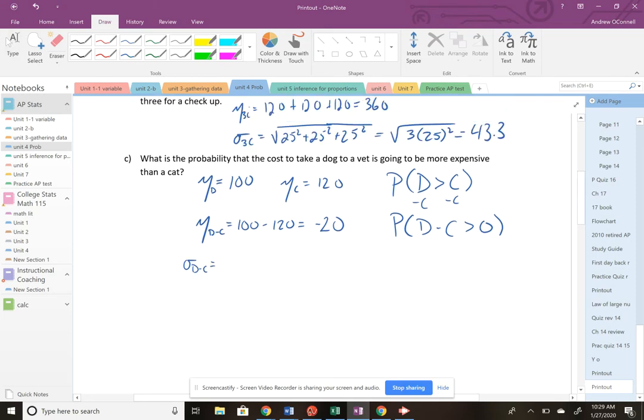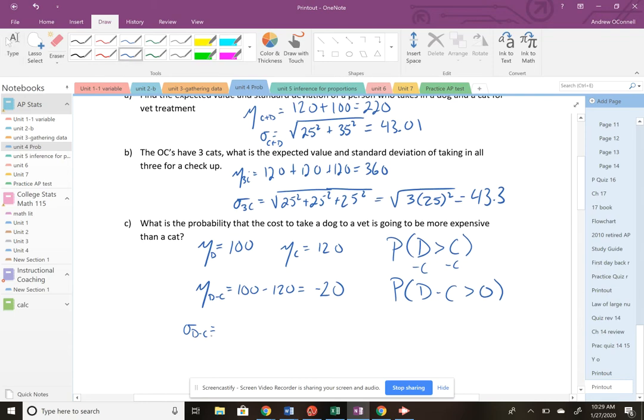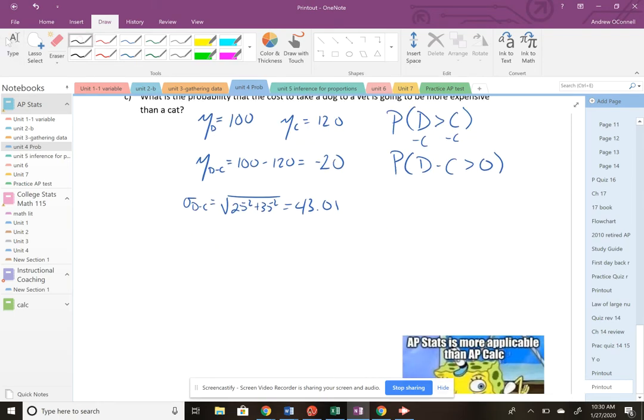And that we actually already got up here, because the standard deviation of cat plus dog is the same thing as the standard deviation of dog minus cat or cat minus dog. The formula doesn't change. 43.01. All right, so now I didn't say it in the problem, but we know we can use a normal model here where we expect negative 20, but the standard deviation is pretty large.